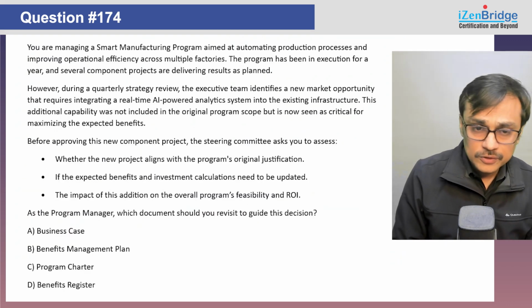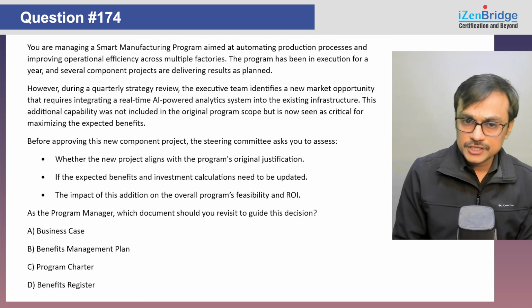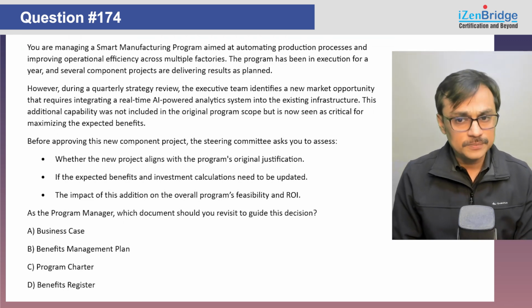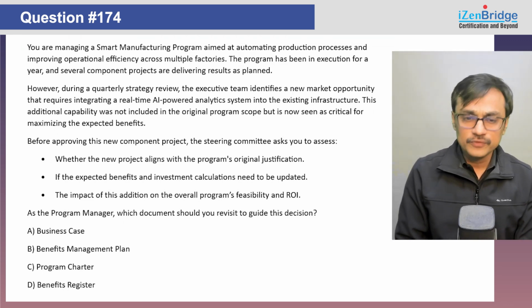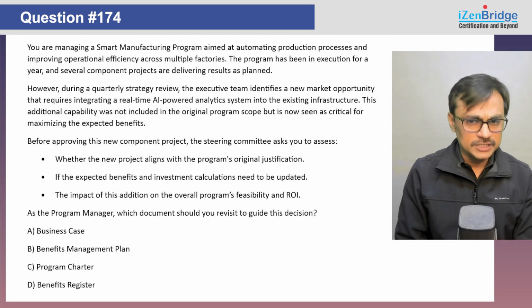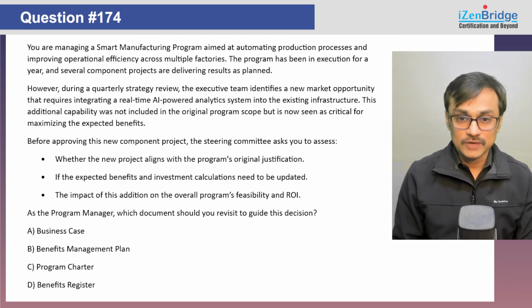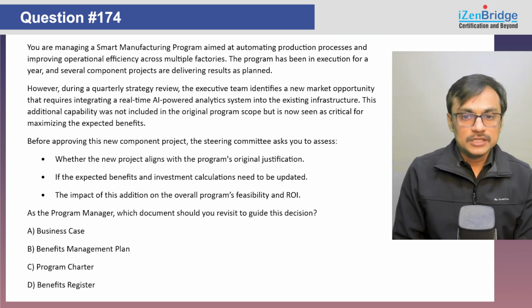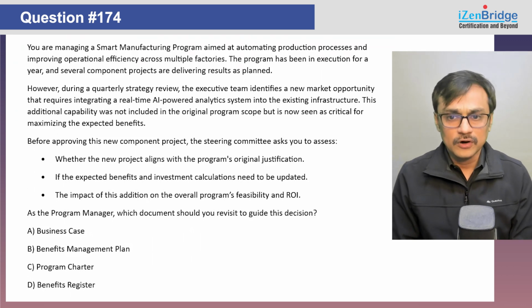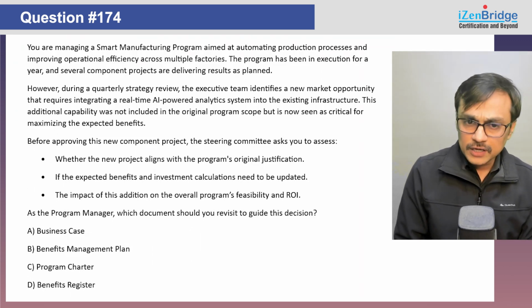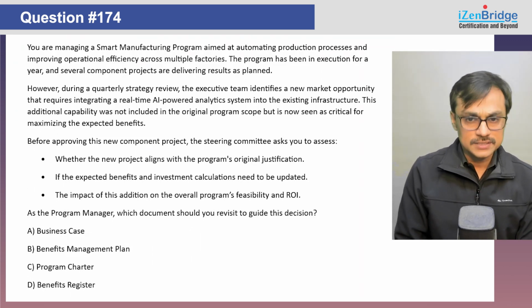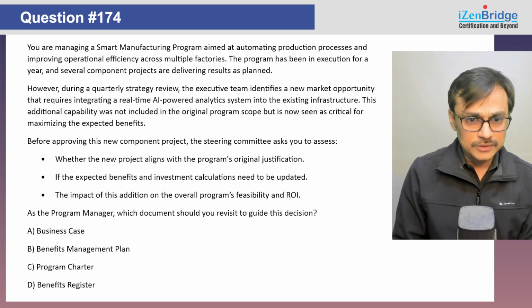Question number 174. You are managing a smart manufacturing program aimed at automating production processes and improving operational efficiency across multiple factories. So you are working for a manufacturing company. The program has been in execution for a year and several component projects are delivering results as planned. Things are going good.